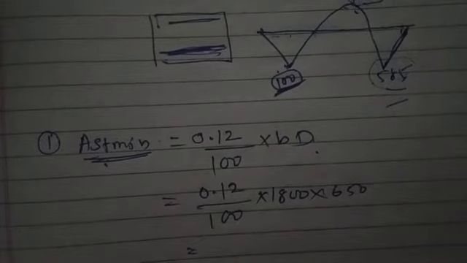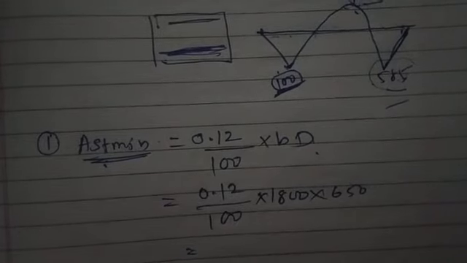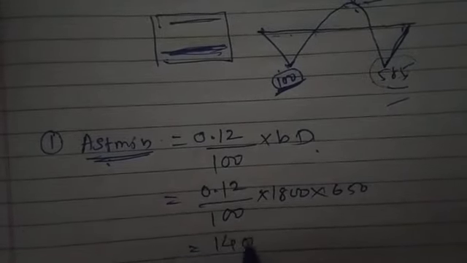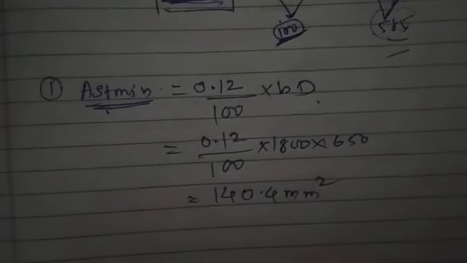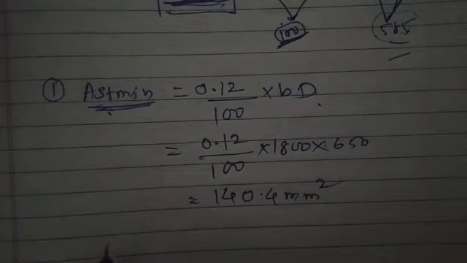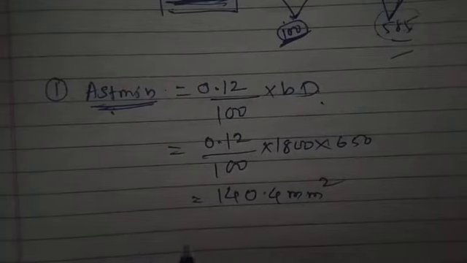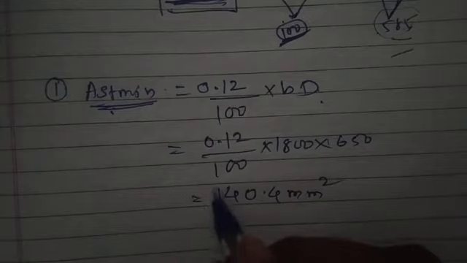Okay, so we'll calculate that. 0.12, it is 140.4 mm square. It means that the area of steel provided at any section under the footing should be greater than this value.